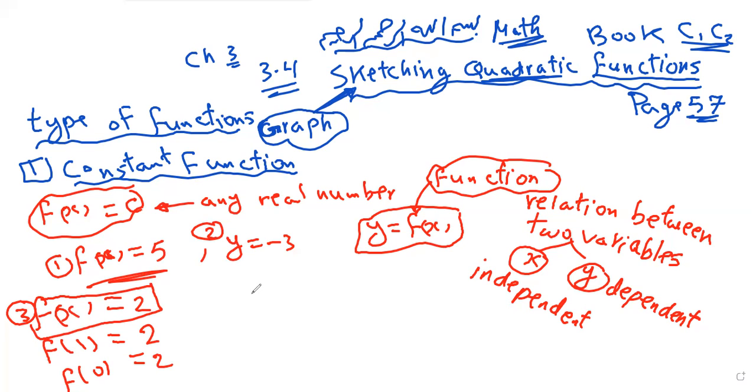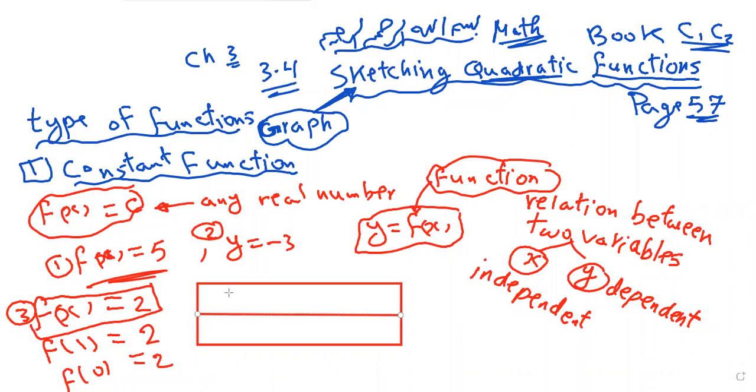Then you can make your table like this, and you'll put some values. Here is for x, here is f of x.